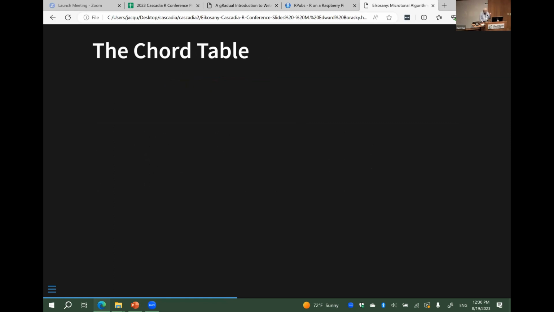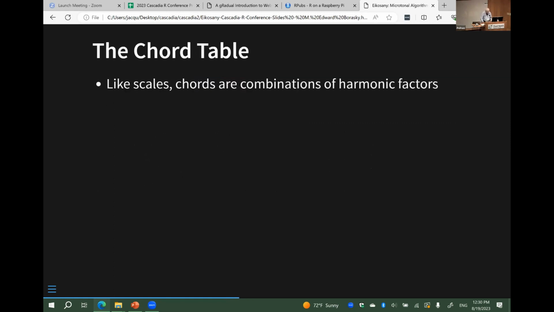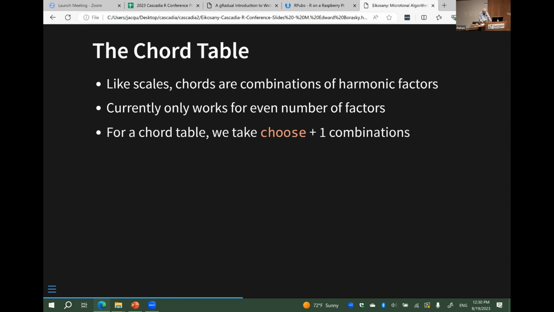And this is the last piece here, the chord table. Like the scales, the chords are a combination of harmonic factors. This is too complicated to explain, so I just printed one out. Currently it only works for even numbers of factors.